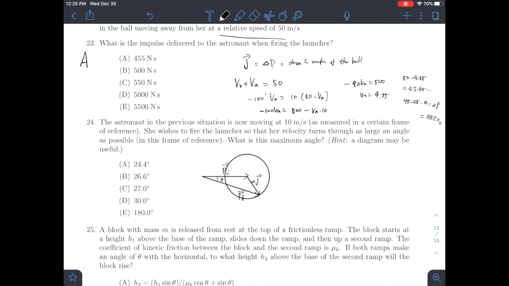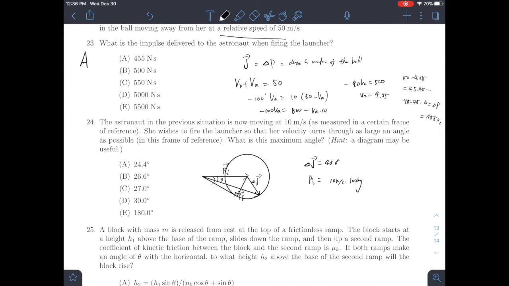So when will theta be the biggest? Intuitively, geometrically, the impulse should be perpendicular to the final momentum, so that will make the angle theta maximum, and the final momentum should be tangent to the circle.